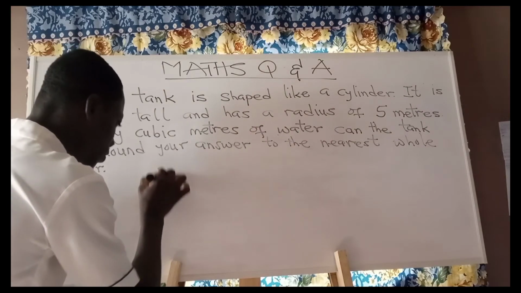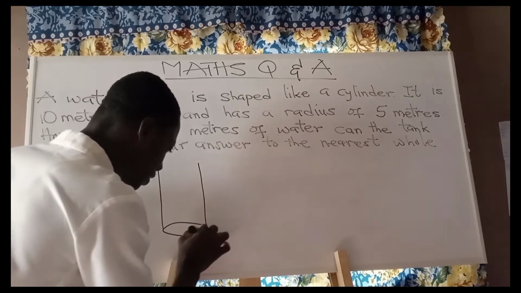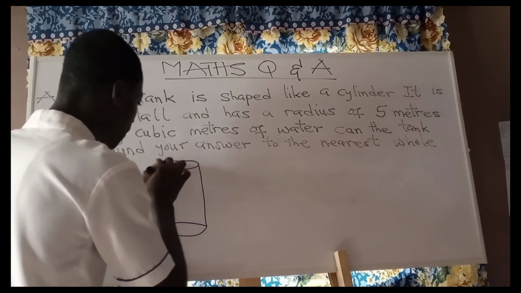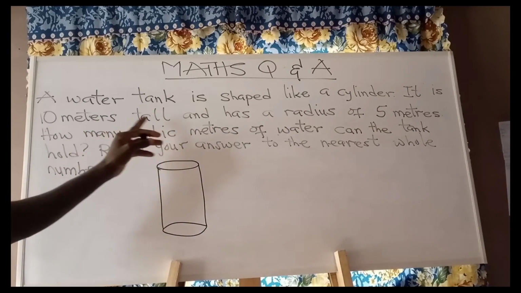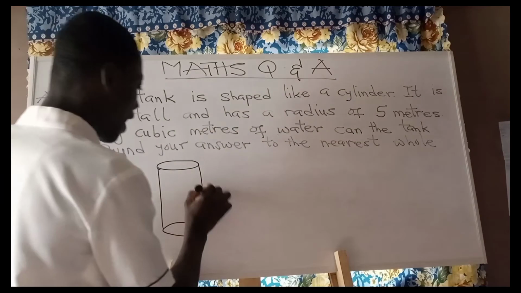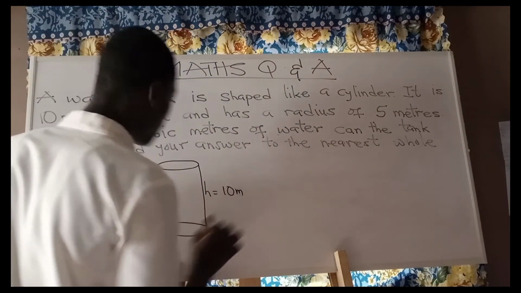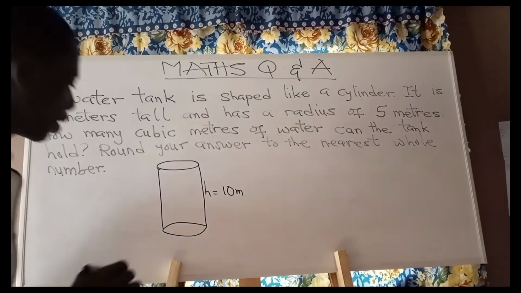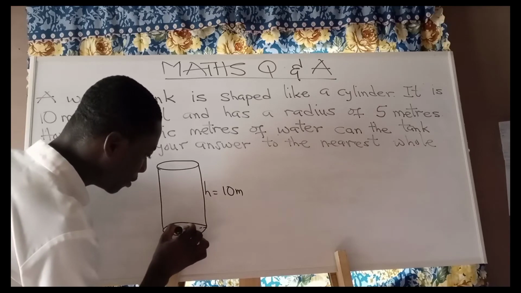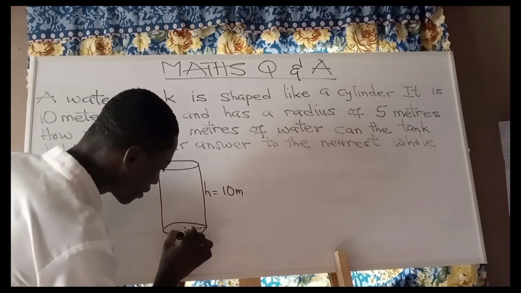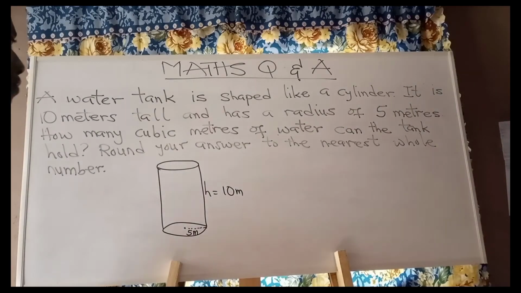So we have a cylinder, and then this cylinder is having a height, h, of 10 meters, and then it is having a radius of what? 5 meters. So from the middle to this side is what? 5 meters. Okay, that is 5 meters.